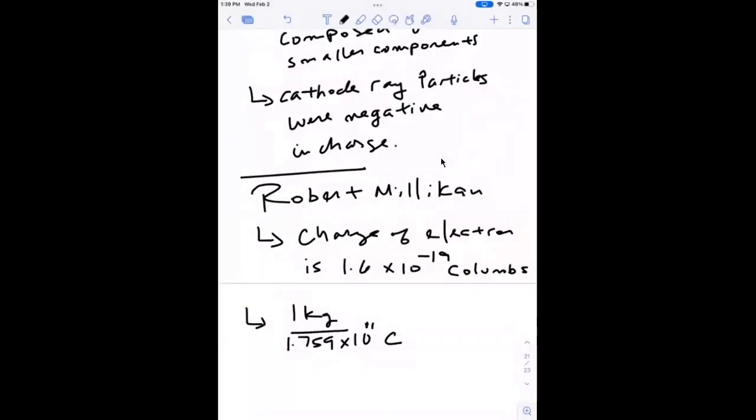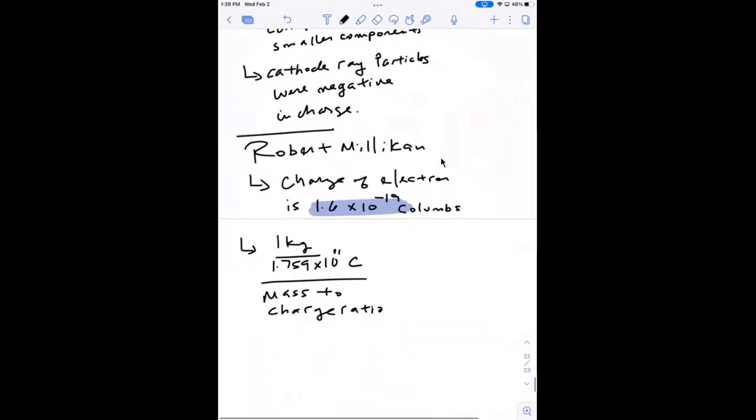All right. So he found out that the charge on an electron is 1.6 times 10 to the minus 19. He also, based on this information and previously reported, this is what we call a mass to charge ratio. So based on this information, he could solve for kilograms, right?